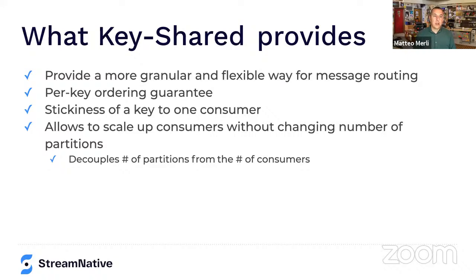The only reason that you want to have partitions is if your traffic is very big and one single broker cannot sustain the traffic of that topic. At that point, you want to use partitions to spread across multiple brokers, but that's a different discussion from the number of consumers. The number of consumers typically depends on how expensive it is to process the messages.